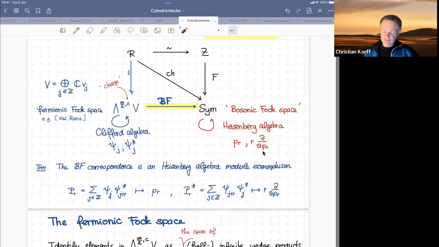And you can show that this gives you an action of a Heisenberg algebra. And you can cook up an action of the Heisenberg algebra in terms of these generators of the Clifford algebra. And then it turns out that this boson-fermion correspondence is defined in such a way that the action of the Heisenberg algebra is preserved.